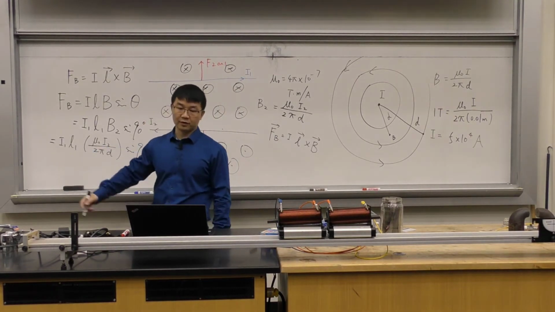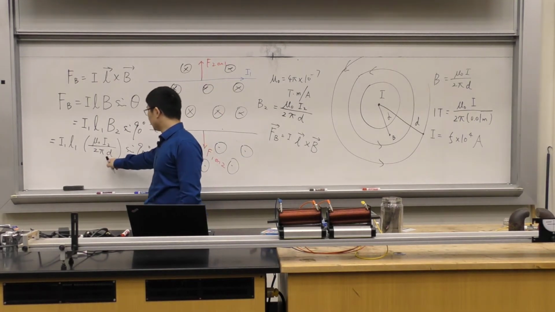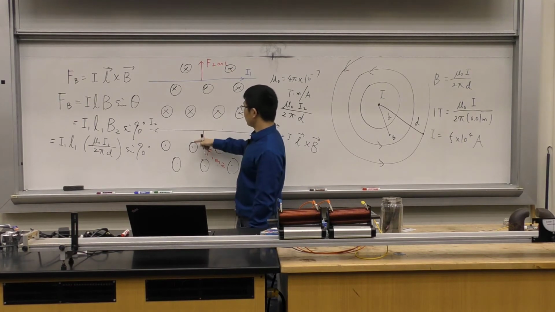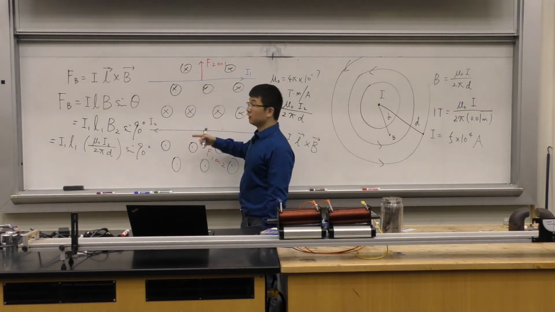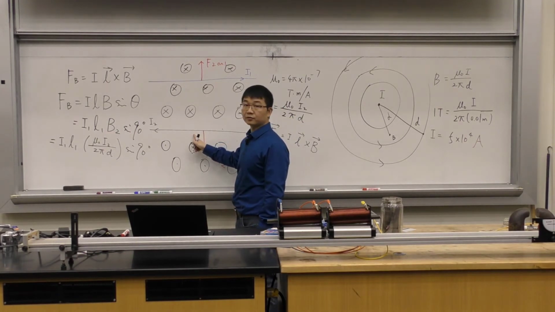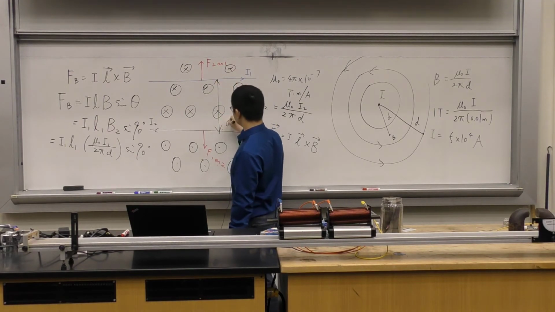L1 is the length. They have the same length, 80 centimeters, plug them in. Distance, that's the distance between them. Because this wire creates a magnetic field around it, this D is the distance from the wire where you want to calculate the magnetic field. I want the magnetic field in this region, along this line. So of course, this is the D I use.